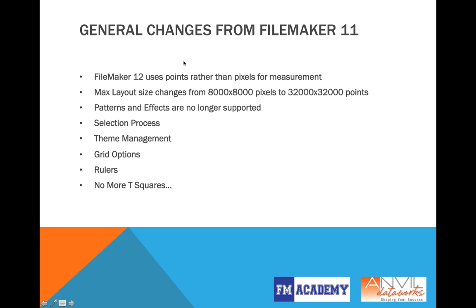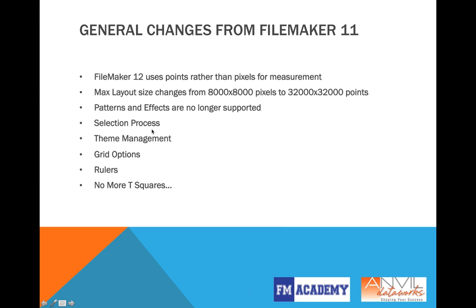There are some general changes from FileMaker 11, and we'll look at all of these. I just want to go through them real quickly. FileMaker 12 is going to use a point system rather than pixels for measurement. We'll talk about the reason for that. There's a max layout size change. It used to be 8,000 by 8,000. Now it's going to be 32,000 by 32,000. Patterns and effects are no longer supported.